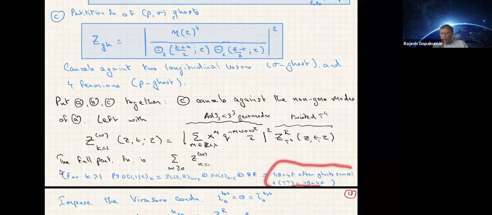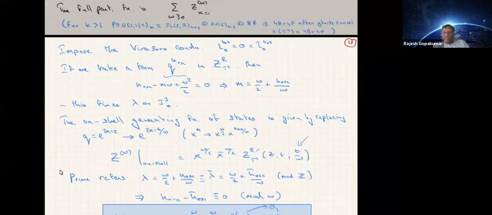So for k greater than 1, you have 4 bosons and 4 fermions from the PSU(1,1|2) after cancellation with the ghosts, and the T4 gives you again 4 bosons and 4 fermions. So totally you get 8 bosons and 8 fermions in that case, which is what you normally would expect for a 10-dimensional critical string theory. But here we have instead only the T4 piece. So we have 4 bosons and 4 fermions as the physical degrees of freedom. So it's much less than k greater than 1.